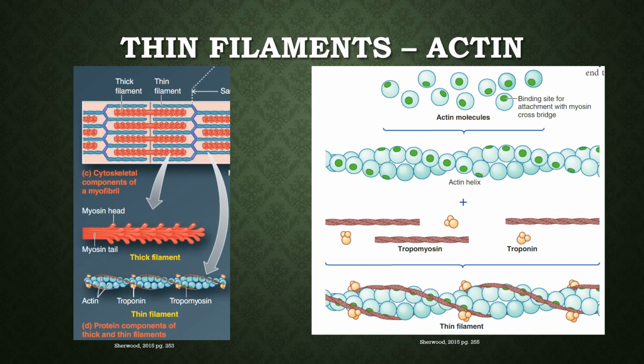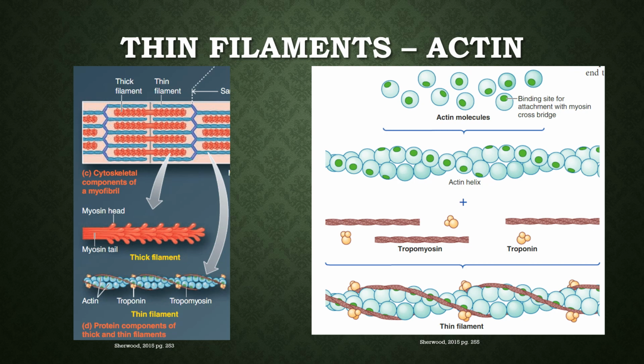So as seen in the image on the left here, we can see the thick and the thin filaments, and that's the cytoskeletal components of a myofibril. And then down towards the bottom, you can see the protein components of the thick and thin filaments: the myosin head, myosin tail, and the thick filament. And then you can see the three proteins of the thin filament: actin, troponin, and tropomyosin.